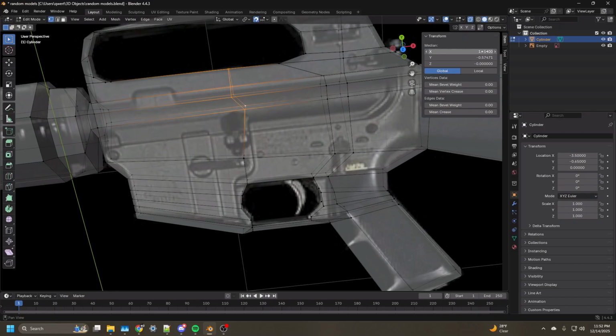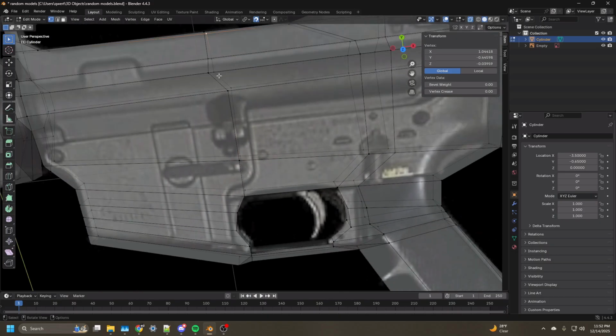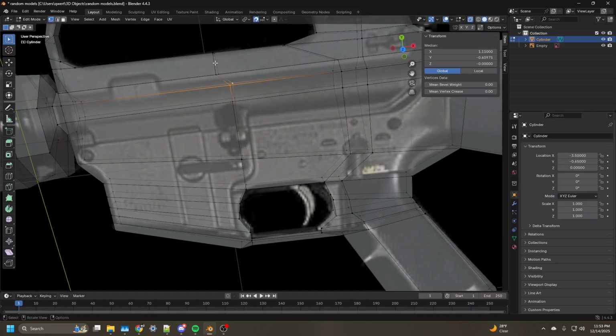1.11. See, that doesn't work like that. Why does it do that? See, it straightens those out. Does it? Is there like a limit to it?